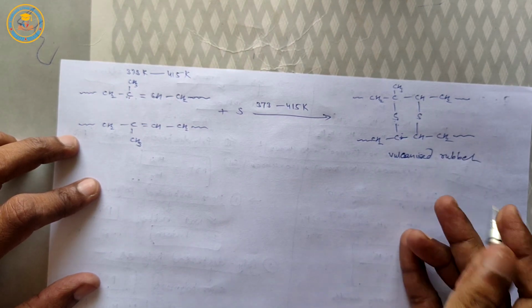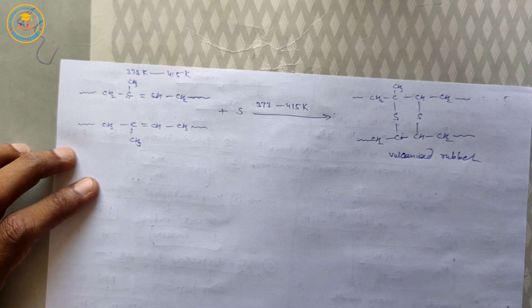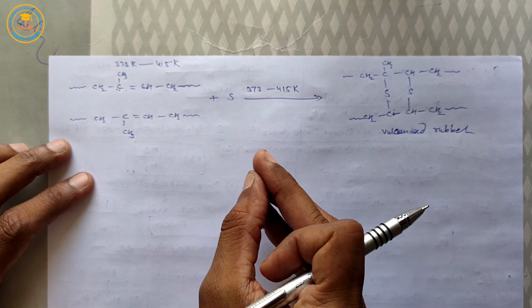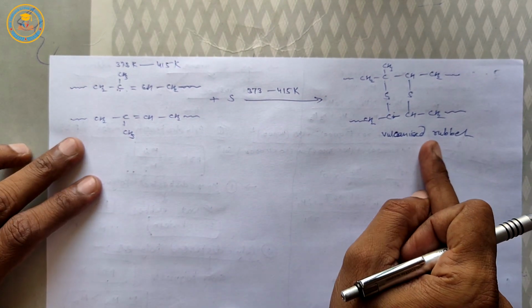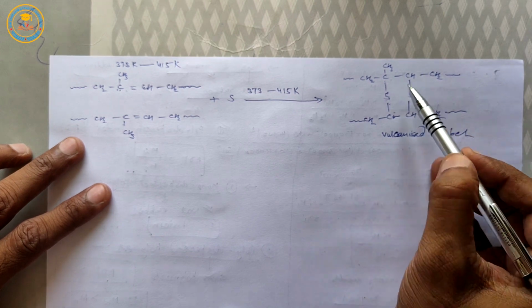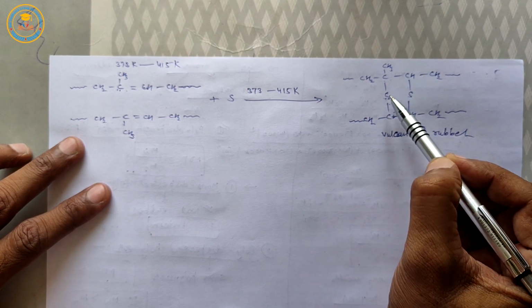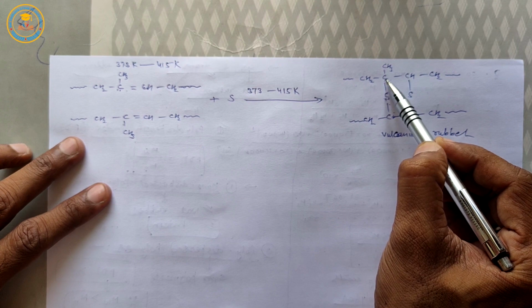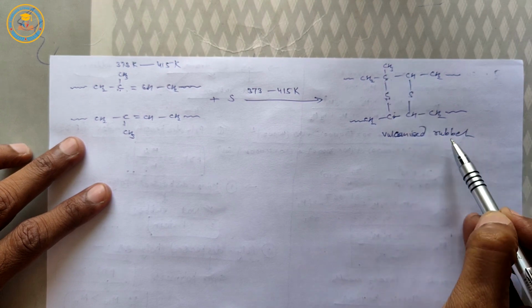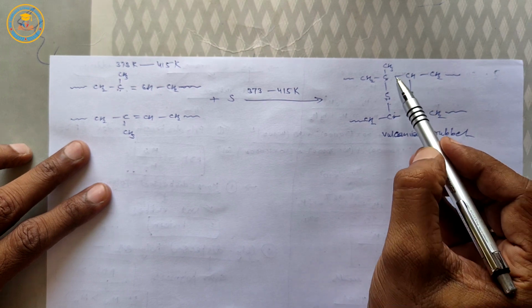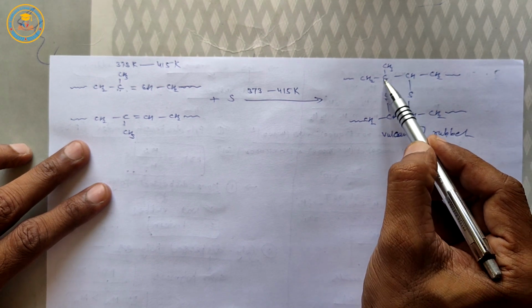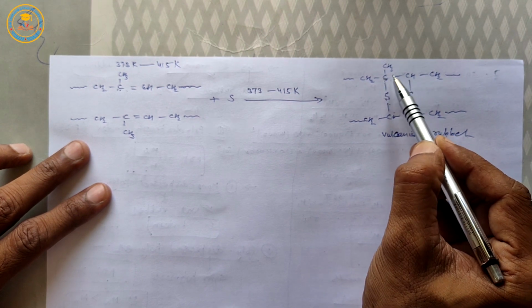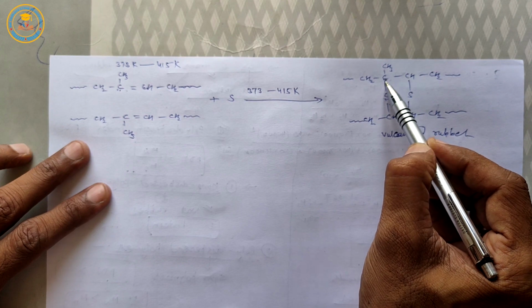In vulcanized rubber, cross-linked sulfur bonds are at vinylic positions.